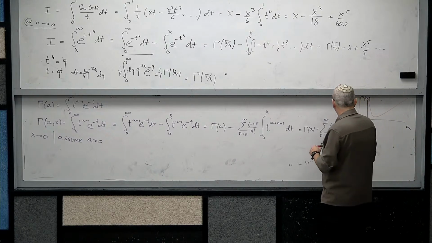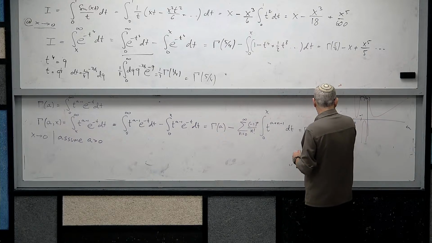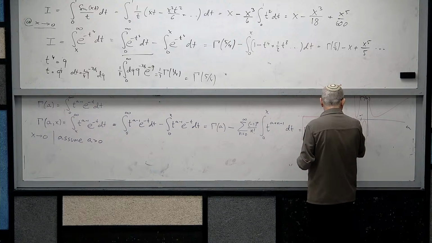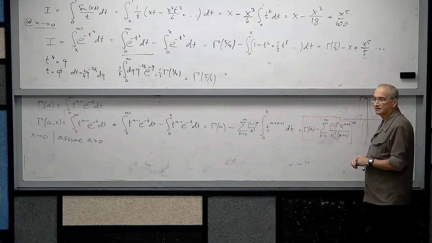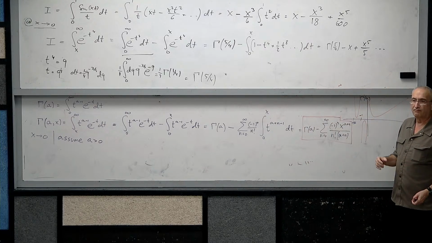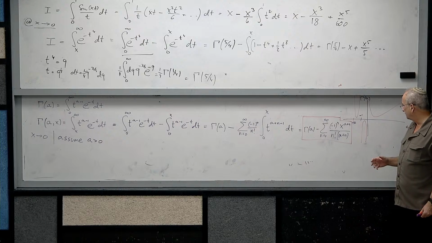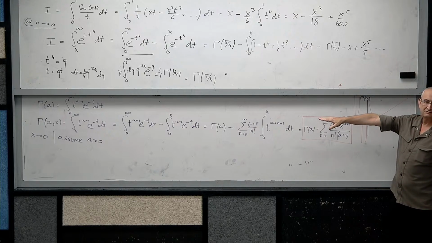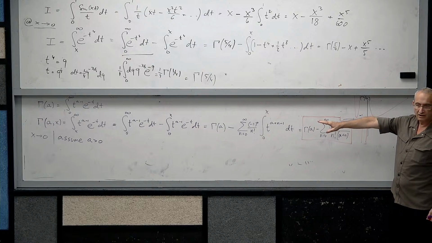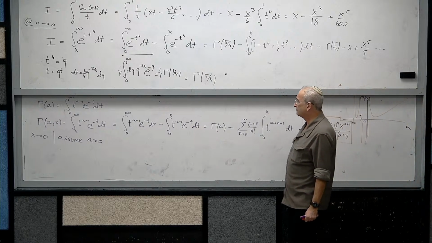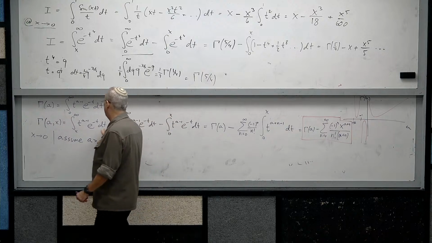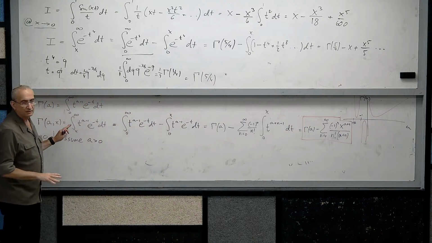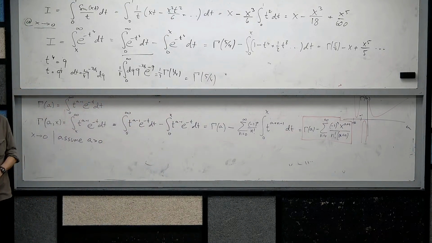So this is the x goes to 0 asymptotics of the incomplete gamma function when a is positive, for very small x. Now, what will happen if I take the a negative case?